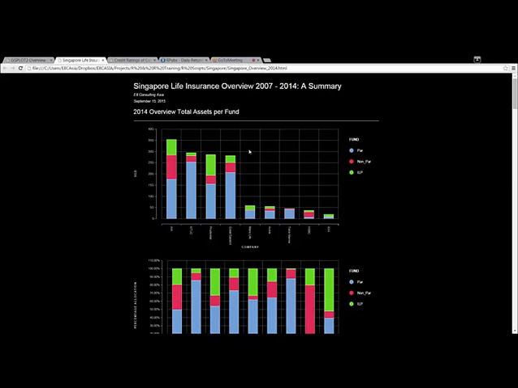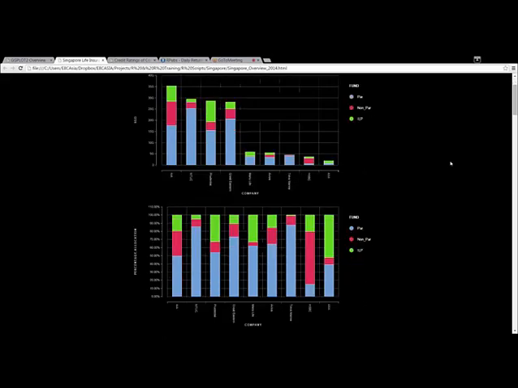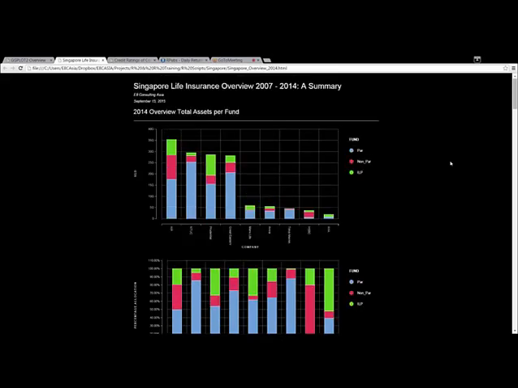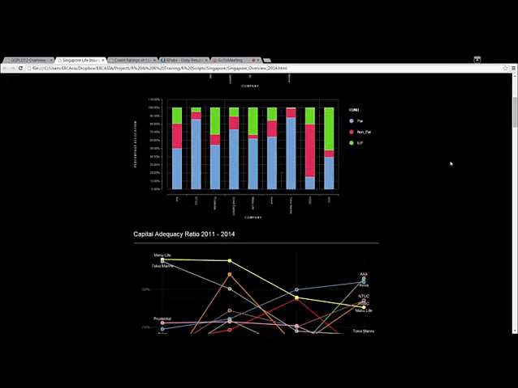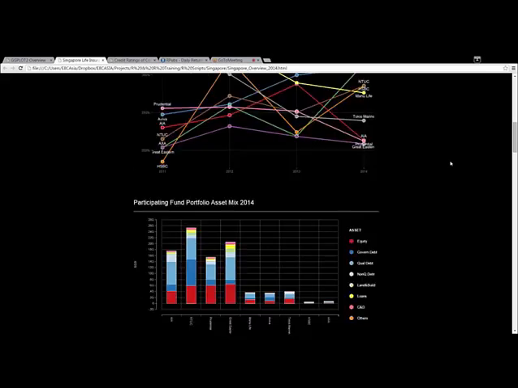So I've done this, for example, some analysis, share that with people, and to give you an example here, this is an overview of the Singapore life insurance business from 2007 to 2014. And here you'll see that there are interactive graphics. So one good example is here in the overview of the company's assets. I could select government debt, and then you'll see that that part will be highlighted.